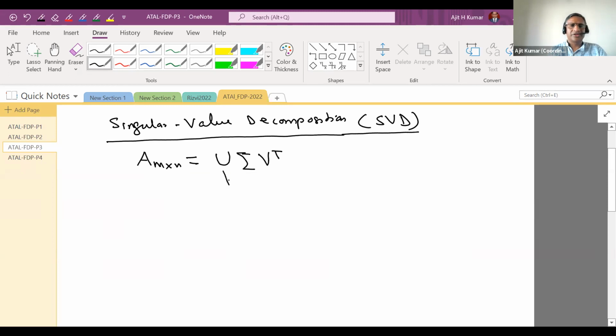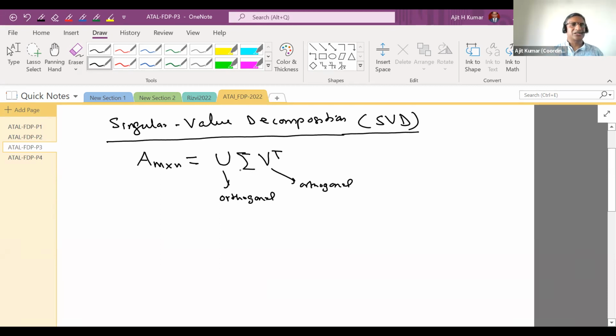where U and V are orthogonal matrices. And we know what the meaning of orthogonal is; yesterday also we saw. And sigma will be a kind of diagonal matrix. It may not be exactly diagonal, because A can be any rectangular matrix. Of course, you know that if A is diagonalizable, then you already know what U and V are.